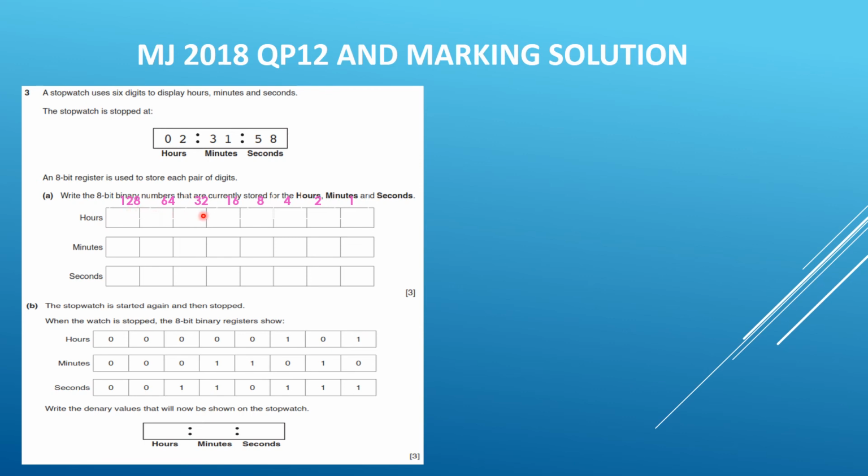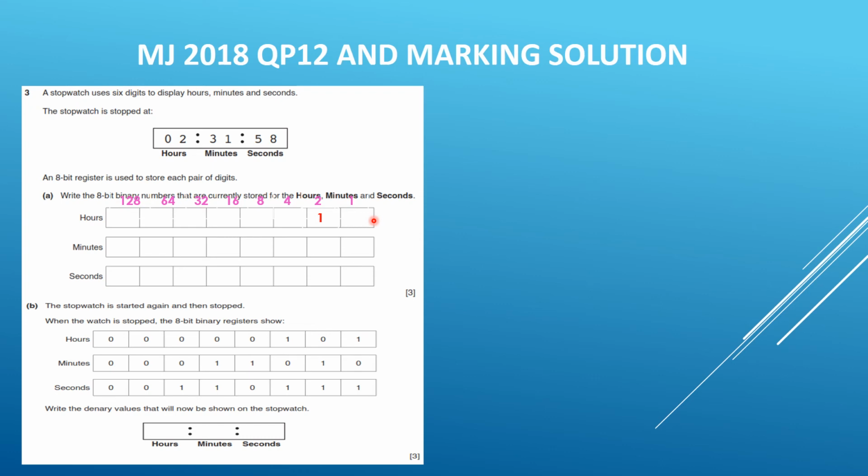Now to get the answer 2 for hours, I need to put 1 somewhere. I will be putting 1 under the binary notation 2, and that's it. This is how I'm going to get the equivalent value of 2. Now the next number is 31.